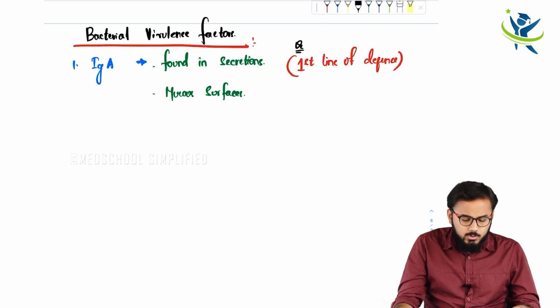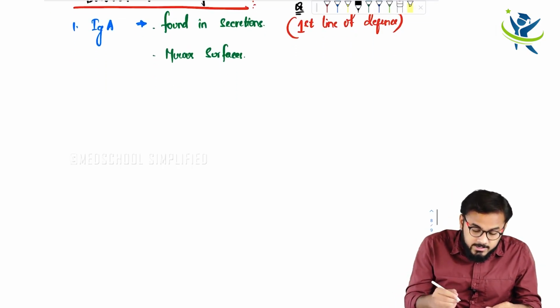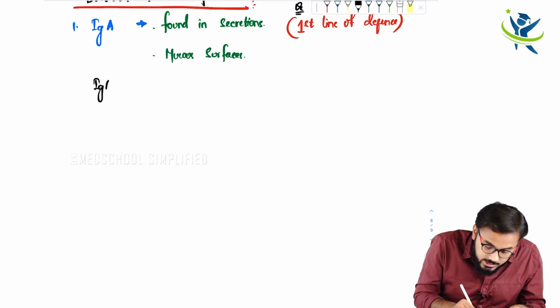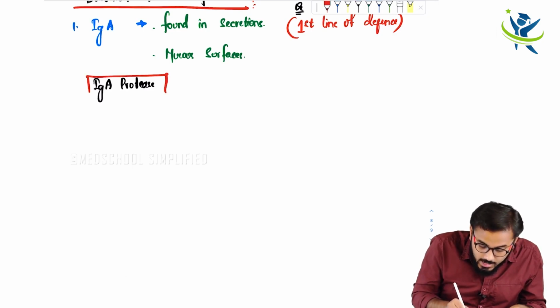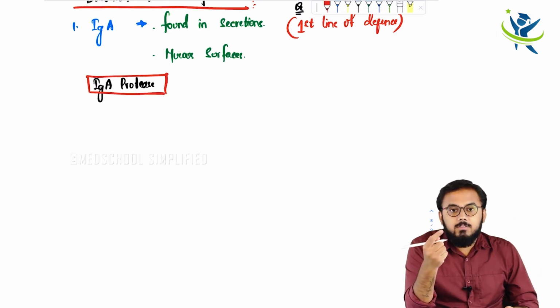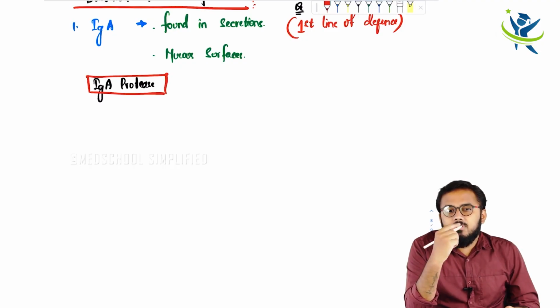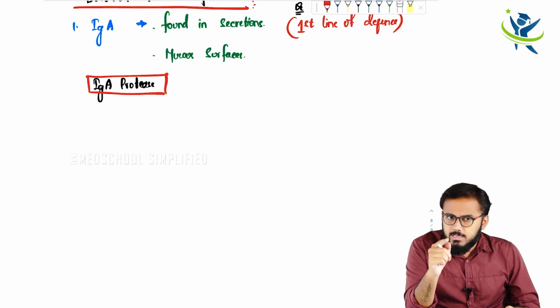Now, what is the bacterial virulence factor? The bacterial virulence factor is not IgA, guys. In fact, it is IgA protease. What do I mean? Bacteria release it. For example, in my mouth right now there is IgA normally, and now I have taken food.